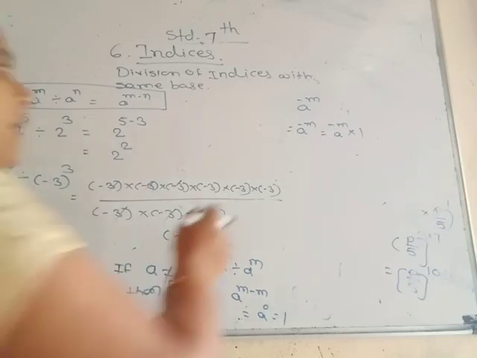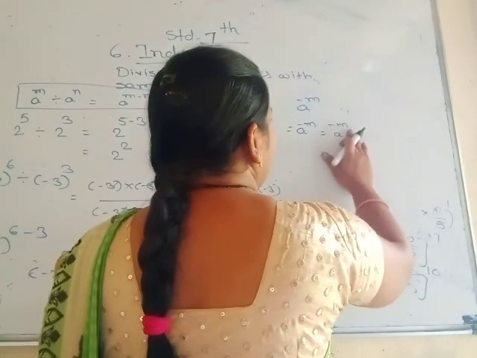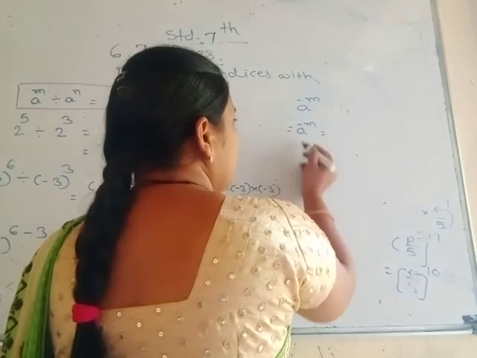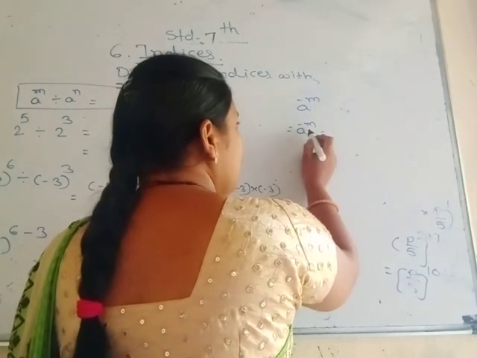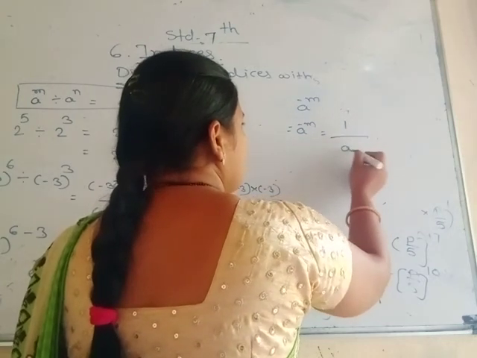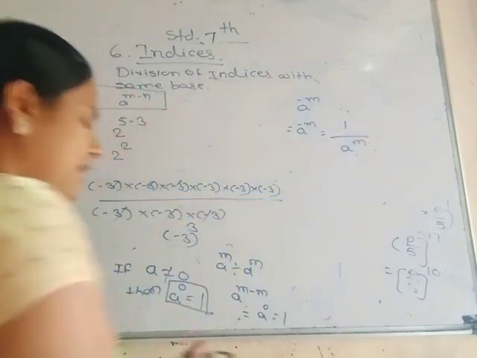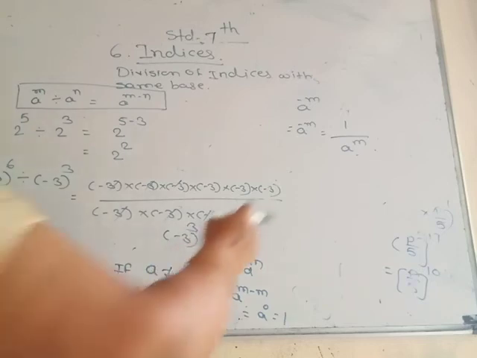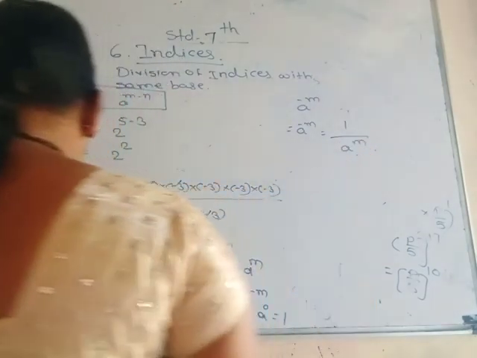Here for a negative power, a raised to the power of minus m, you convert it into a positive power, meaning the reverse of the number: 1 divided by a raised to the power of m. A to the minus m is the multiplicative inverse of a to the m.